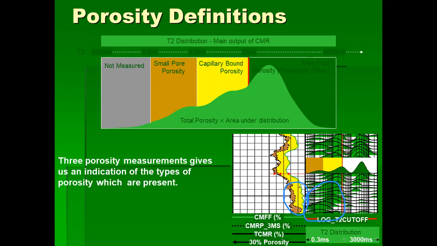The yellow here represents capillary bound water and the brown represents the clay bound water. While in this depth interval, we have some shift toward the right, and so we have a lesser amount of capillary bound water and clay bound water.